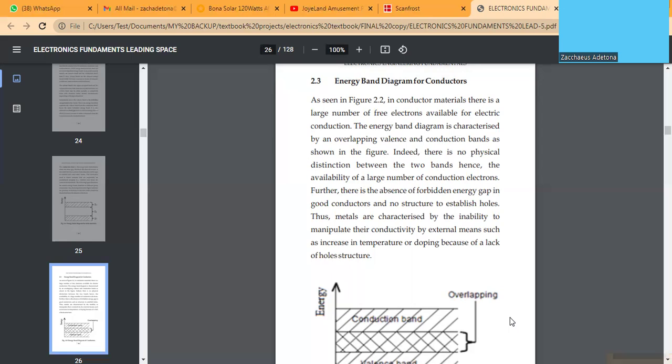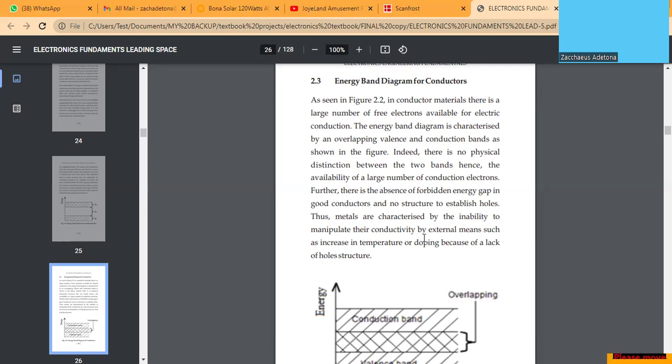The electrons are free, so they are able to navigate into the conduction band and conduct electricity easily without applying any external energy to the material. And this is a property of conductors or metals, generally speaking.